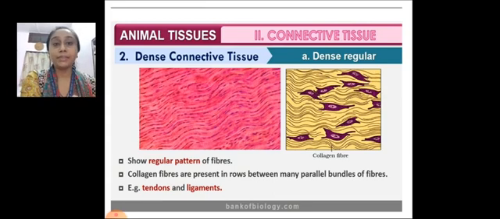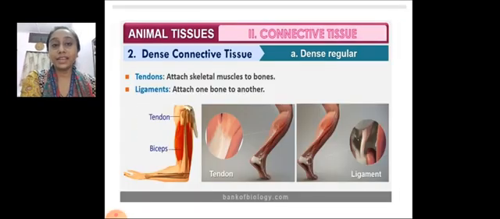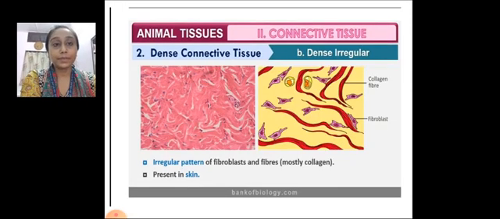You can see this in the image on your left-hand side. Examples are tendons and ligaments. Tendons join the skeletal muscle to the bones, and ligaments join one bone to another. That's why this dense regular connective tissue is very important.